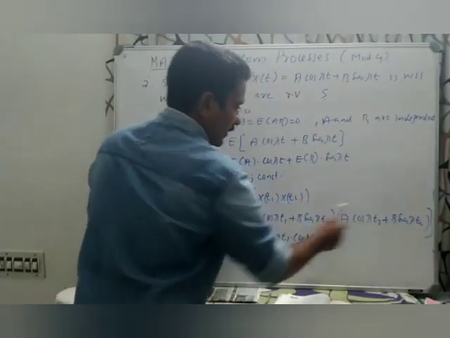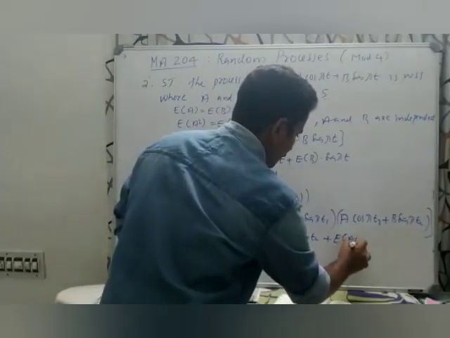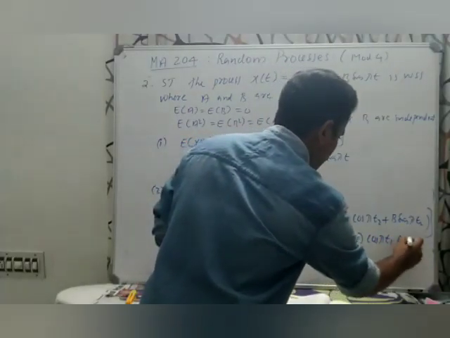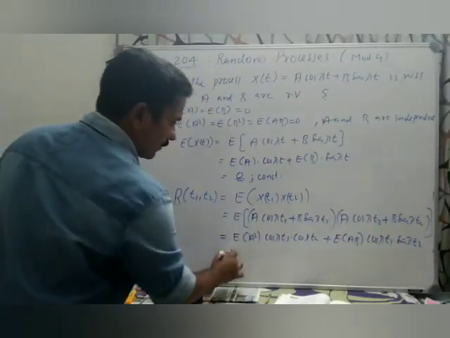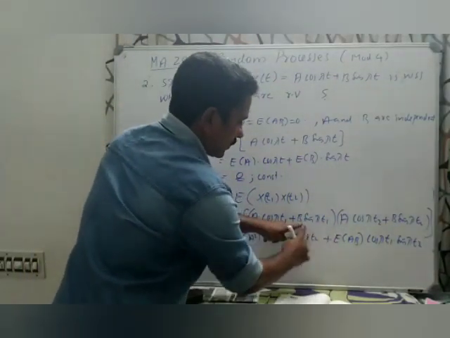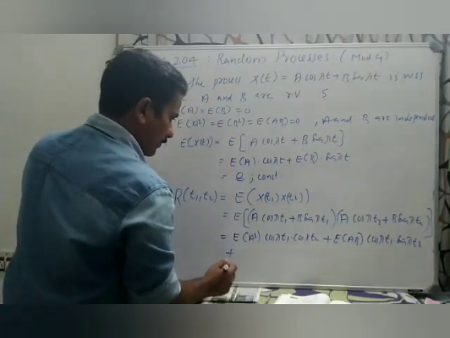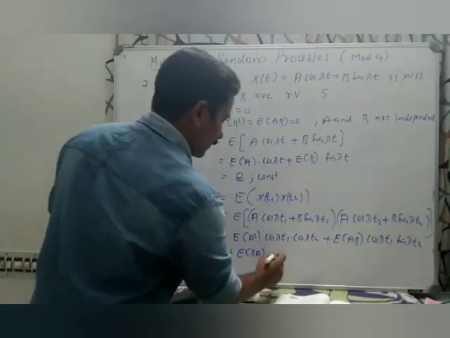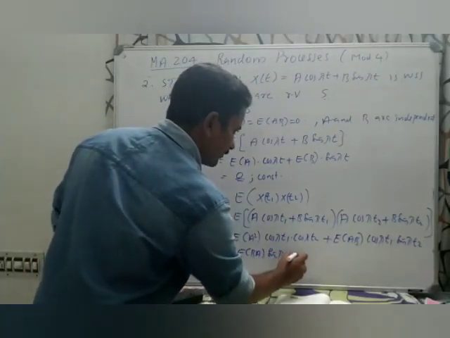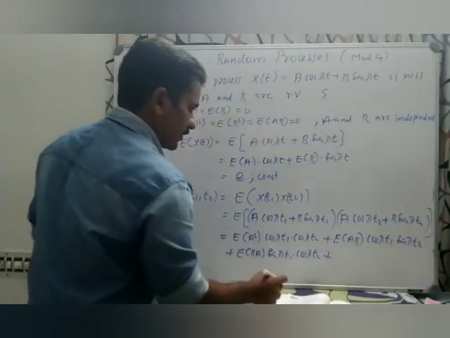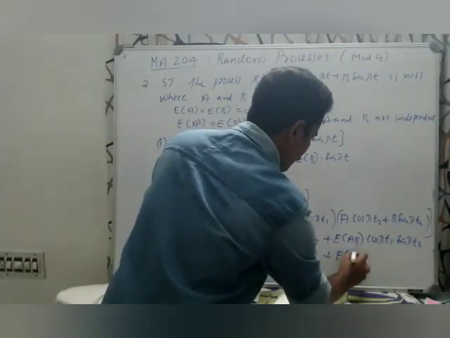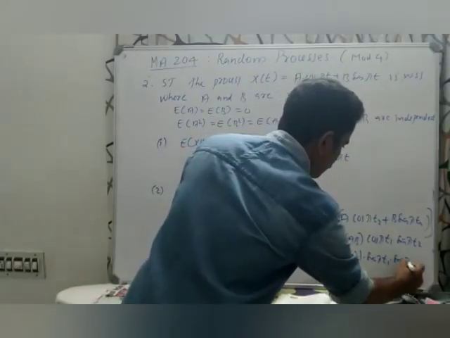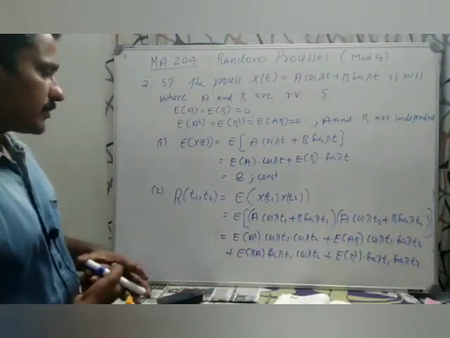So expectation of ab times cos lambda t1 sin lambda t2 plus, now the third term, ba, so expectation of ba times sin lambda t1 cos lambda t2 plus, and the last term, expectation of b square sin lambda t1 sin lambda t2. So when you multiply you will get 4 terms.